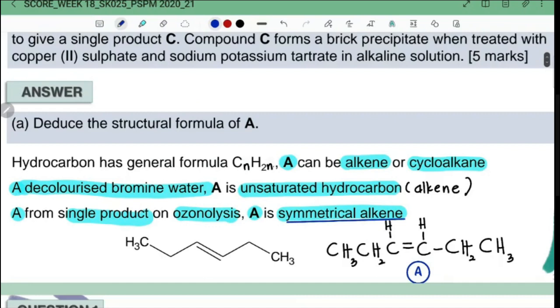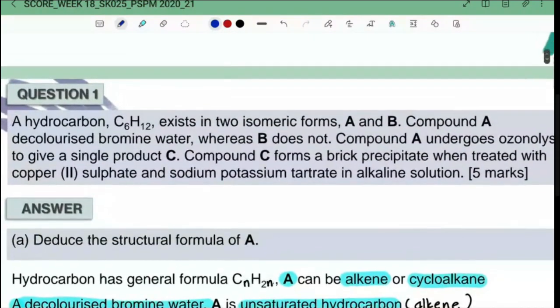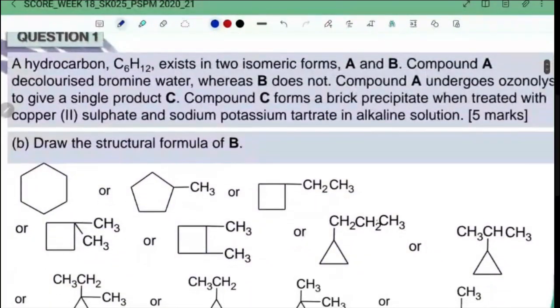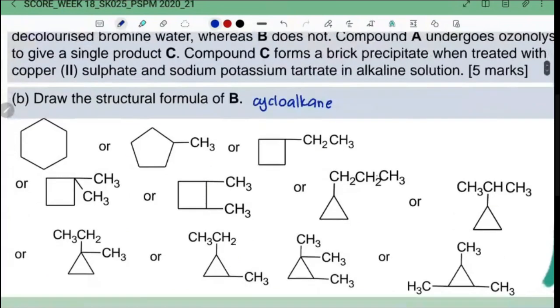Okay, but according to the question, B doesn't decolorize bromine water. Bila doesn't decolorize bromine water, dia adalah cycloalkane. So cycloalkane with 6 carbon, you can draw hexane, or 5 carbon with 1 substituent, or 4 carbon with 2 substituents.